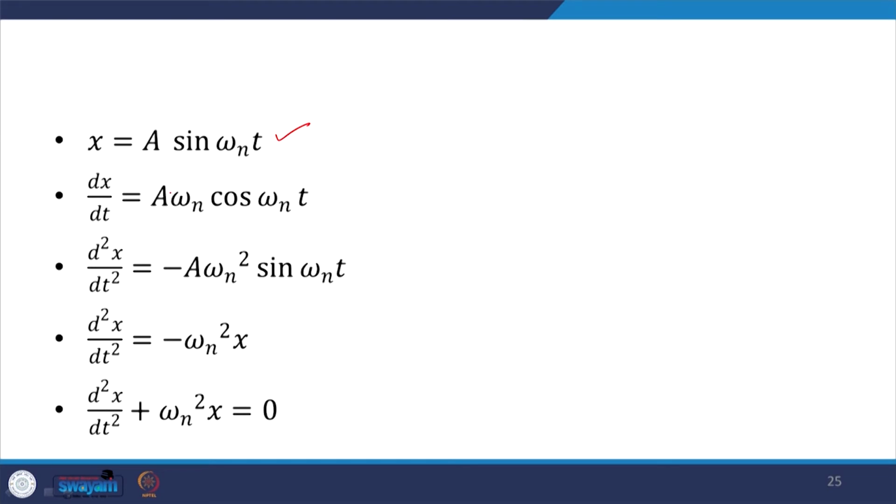If I take the first derivative, this is A omega n cos omega n t, and if I take the second derivative, this is minus A omega n square sin omega n t. Now, you see A sin omega n t is the same as x, so I can write this as minus omega n square x.